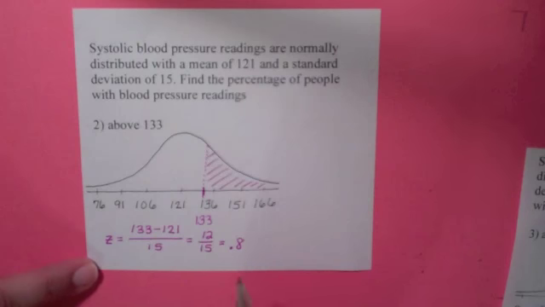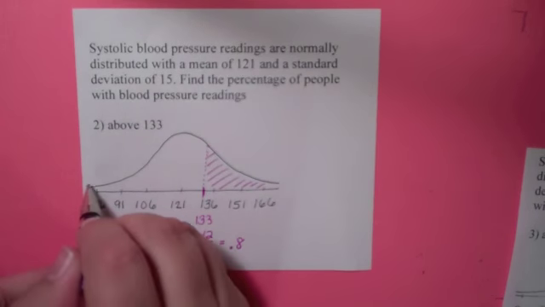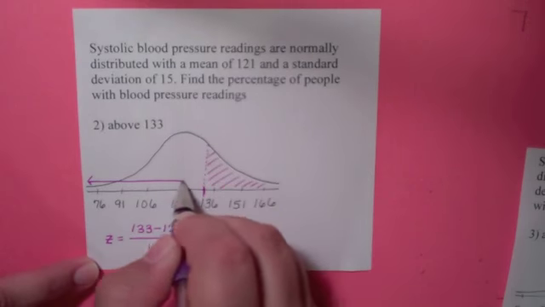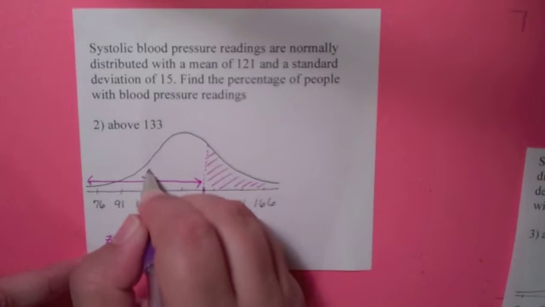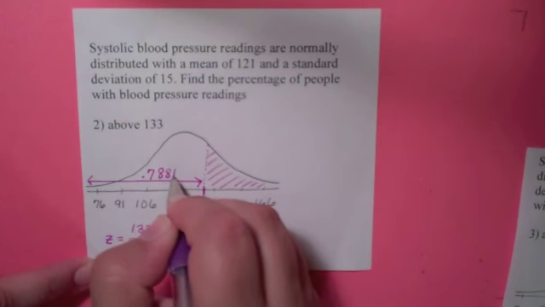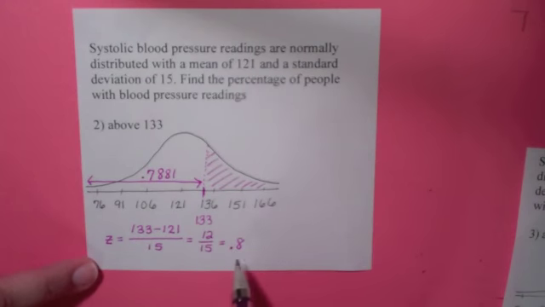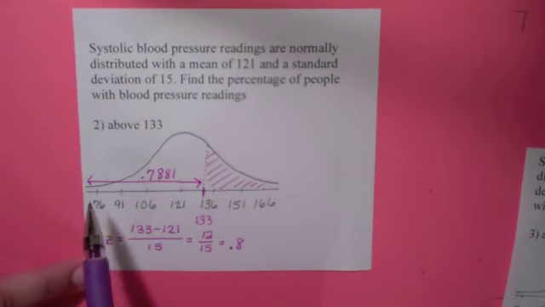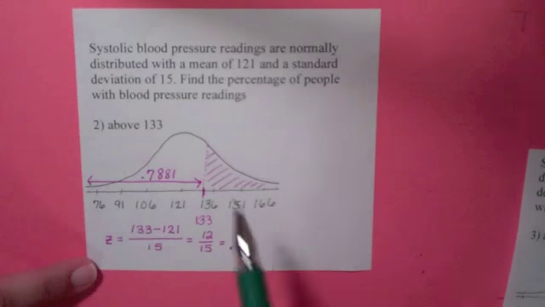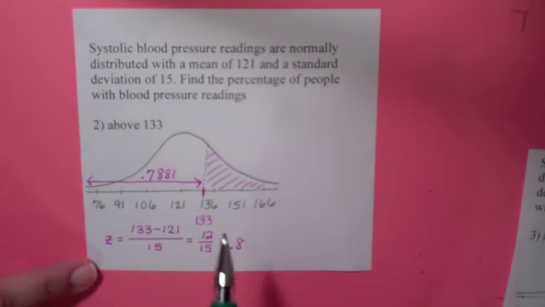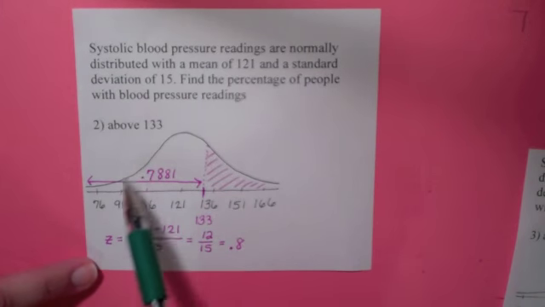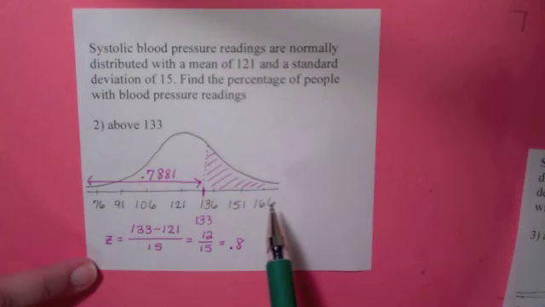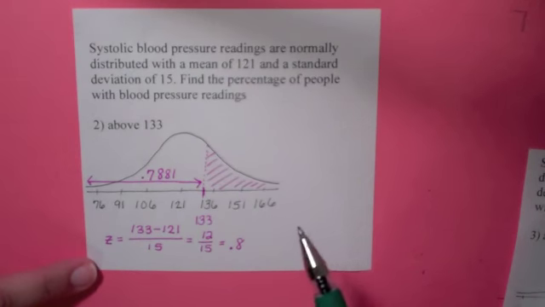So when I look up 0.8 in my table, remember it gives me area to the left of my data point. Okay? So when I get the number 0.7881, that's area to the left of z equals 0.8, which is this side. But that's not the side I want. I want the side above. So here I'm going to remember the rule that the whole normal curve altogether has an area of 1, otherwise 100%.